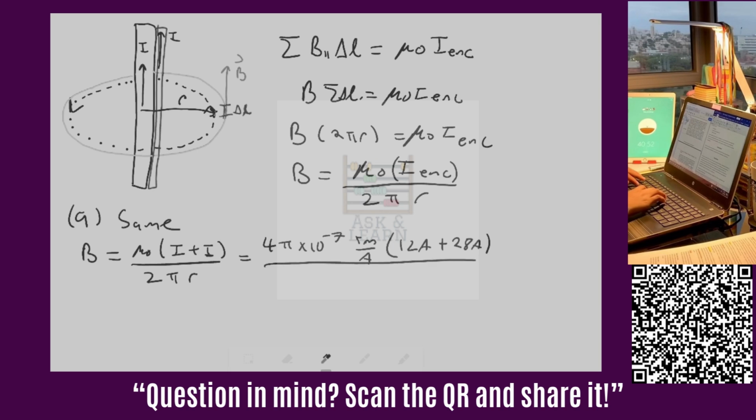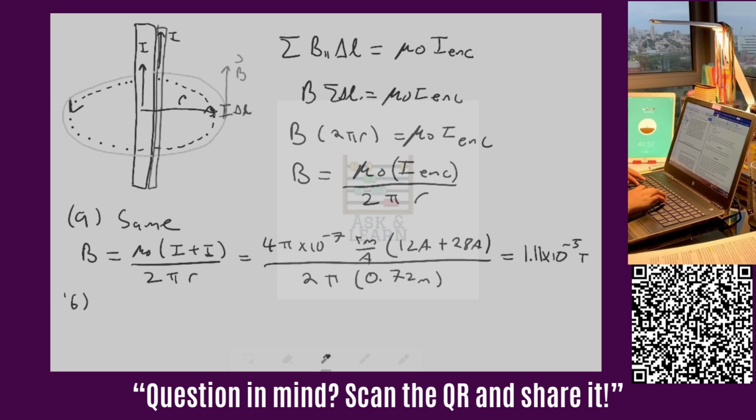Then we divide by how far away we are from the wires, 0.72 meters. So put that in my calculator, add the currents together because they're in the same direction. We end up getting that the magnetic field is about 1.11 times 10 to the negative 5 Teslas.